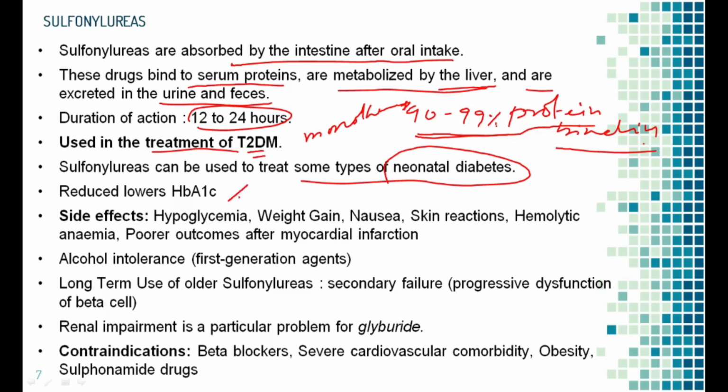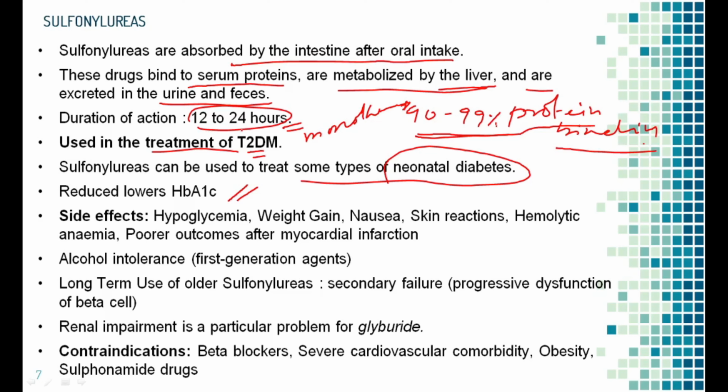These drugs have a prolonged half-life in the presence of renal failure. That means if patients have renal failure, the half-life increases. In general, the biological effect of sulfonylurea lasts longer than its plasma half-life, so the duration of action is up to 24 hours.